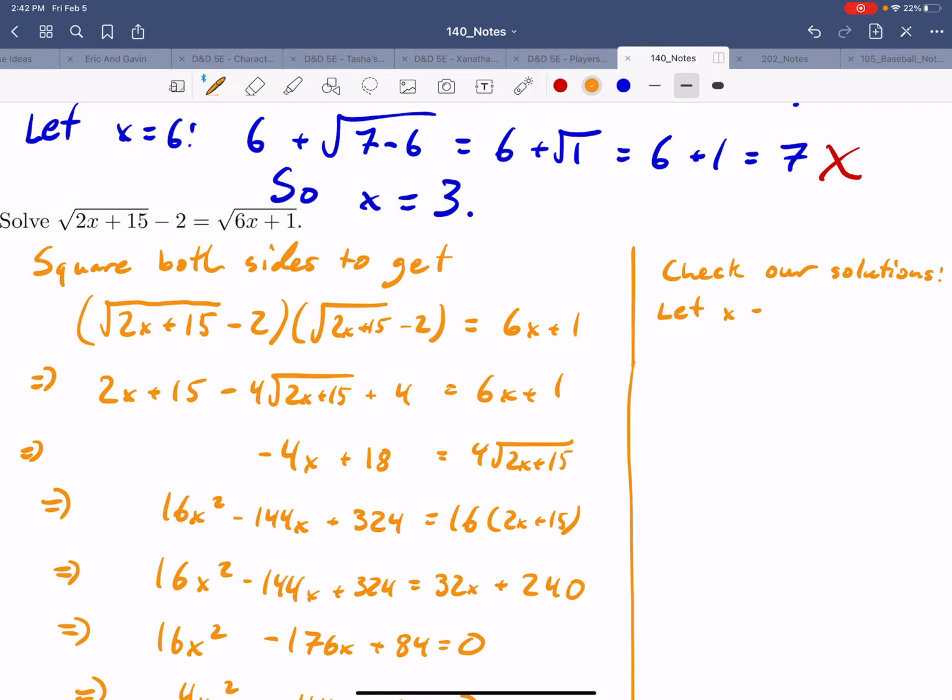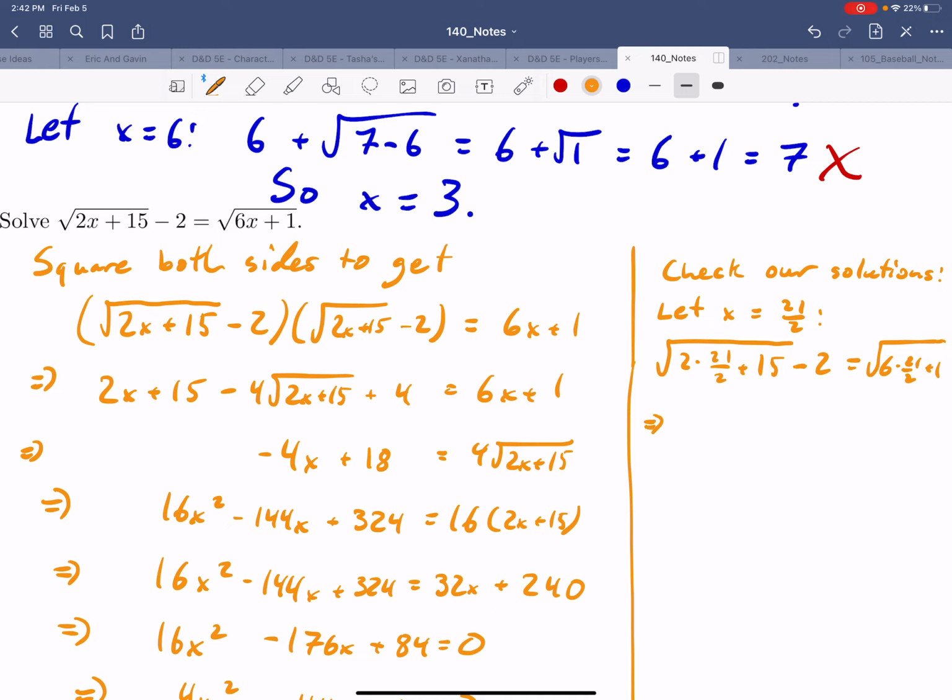Let x equal 21 halves. So we get the square root of 2 times 21 halves plus 15 minus 2 equals the square root of 6 times 21 halves plus 1. Well, by the way, that is a minus 2, not times 2.